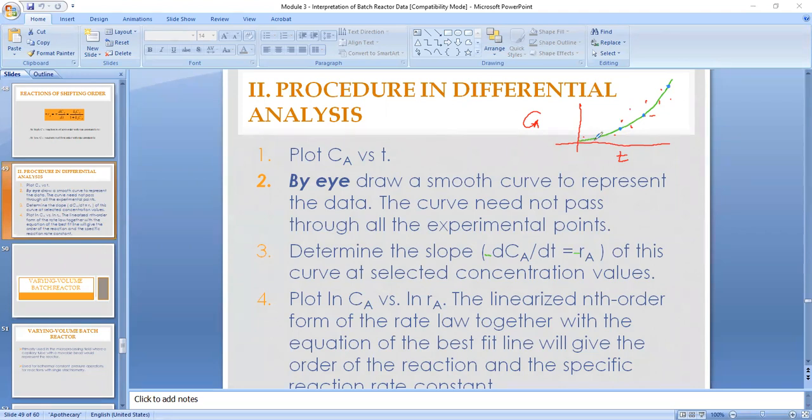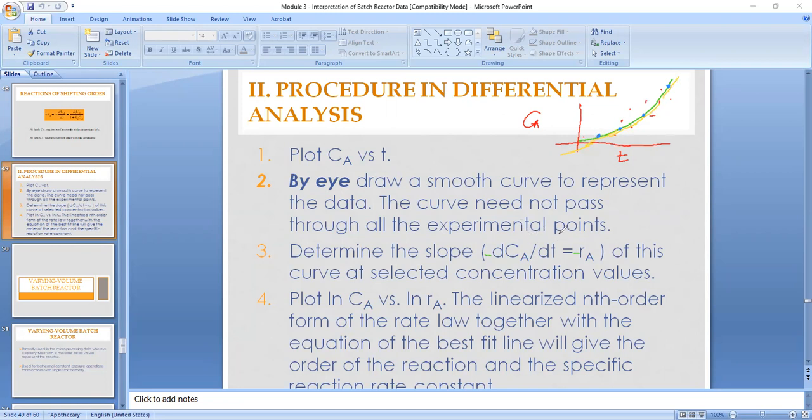And what you do, you draw a tangent line on the curve passing through these points that you have identified or chosen. I have one here, and it has only to touch the curve at that particular point. What's the use of these tangent lines on your chosen points on the curve? You will determine the slope of these lines.